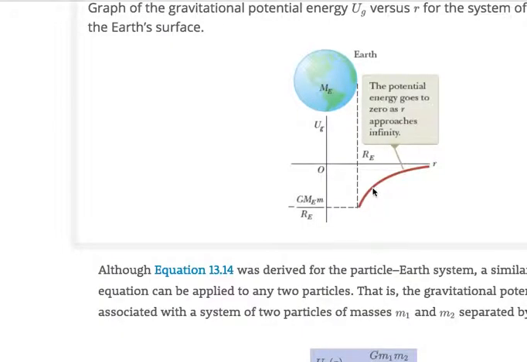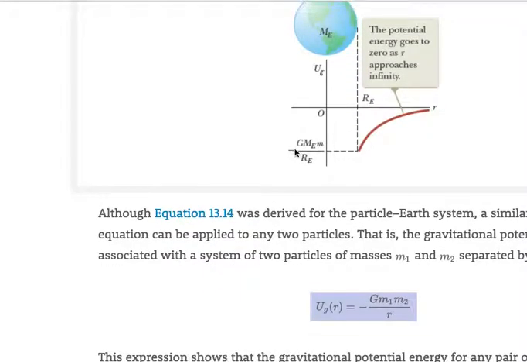Potential energy goes to 0 as r approaches infinity. It's very negative here, and then goes to 0, because it's got that negative sign. It's not exponential, it's an inverse function, with r on the bottom there.